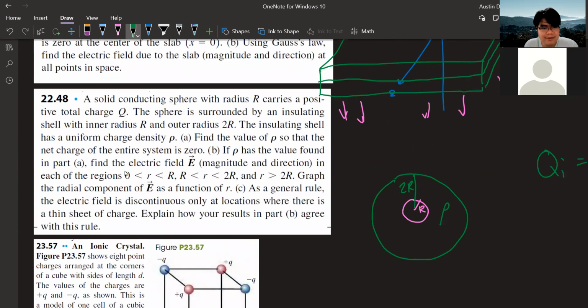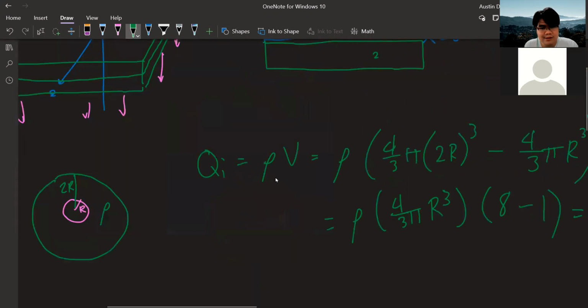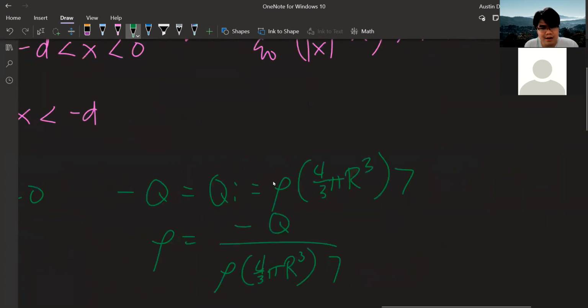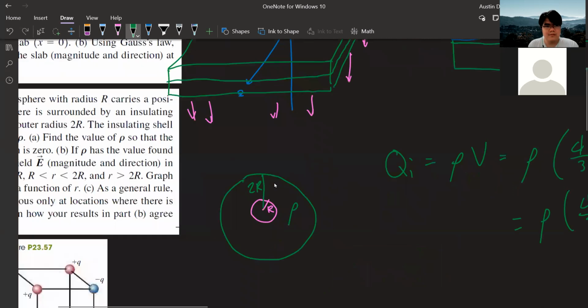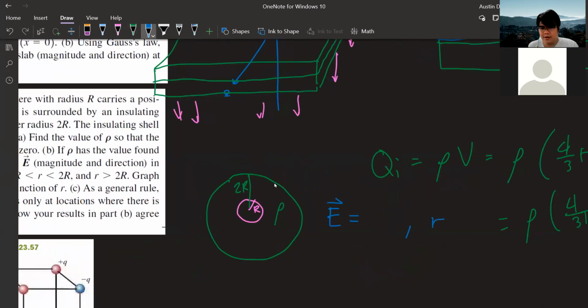Okay. Next would be finding the electric field in the regions 0 to R, R to 2R, and then greater than 2R. Okay. From here, makuha ko agad na yung E for r less than R is 0.